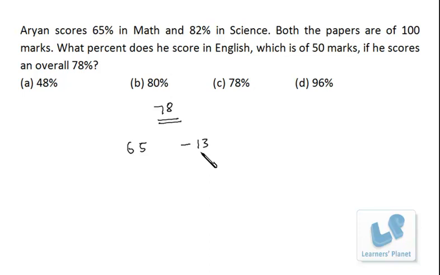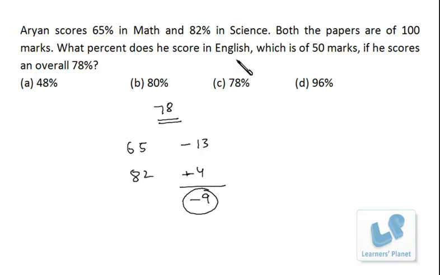So it's minus 13. In case of 82, he's having 4 marks extra. So overall we can say he's less by 9 marks from the average from these two subjects. Now from the third subject he has to gain these 9 marks.